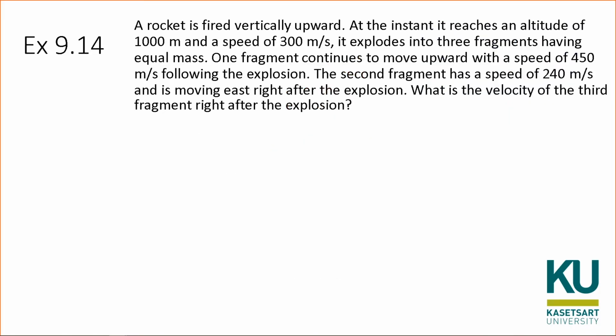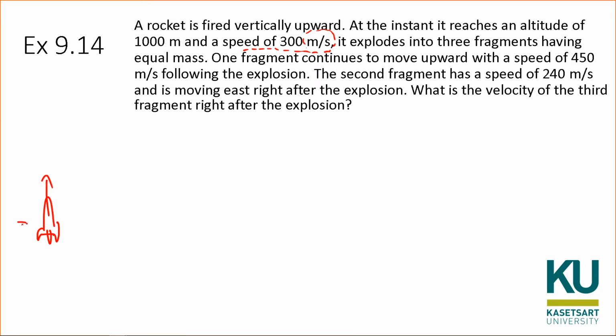Let's go through our first example. This is the first example of the system of many particles. The rocket is flying vertically and has a total mass, and it has reached an altitude of maybe 1,000 meters at a speed of 300 meters per second.